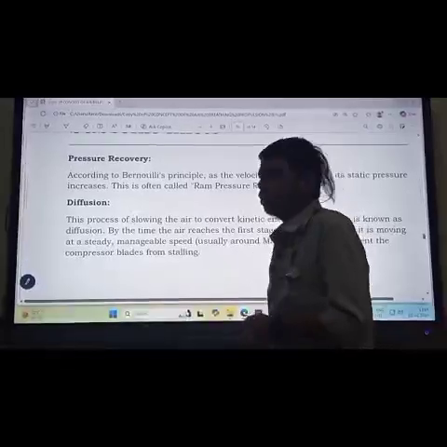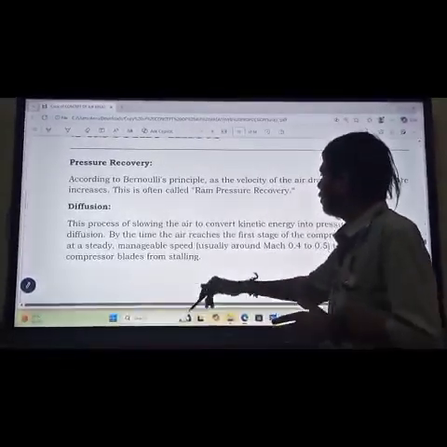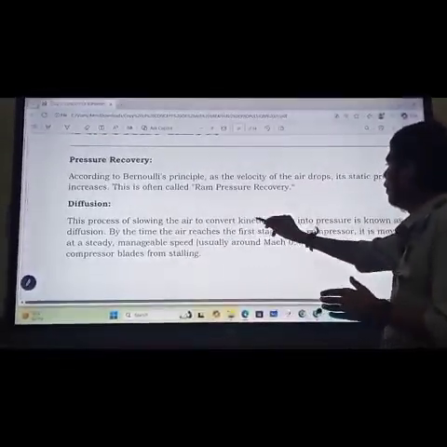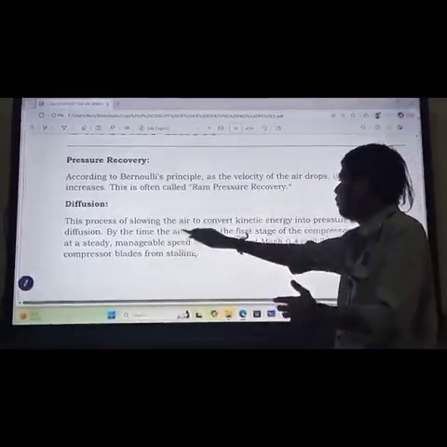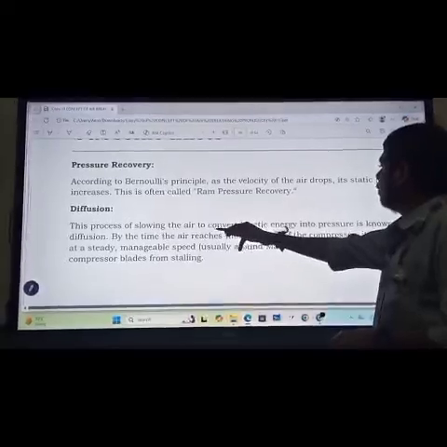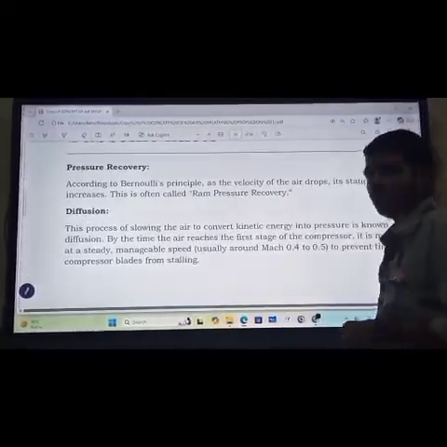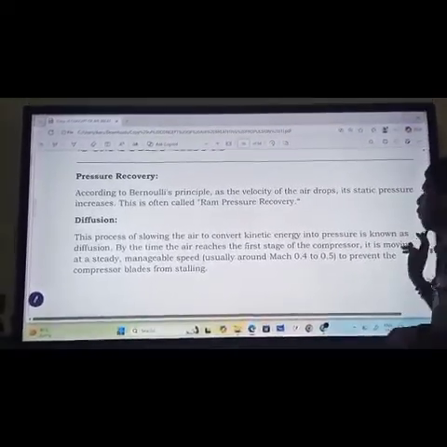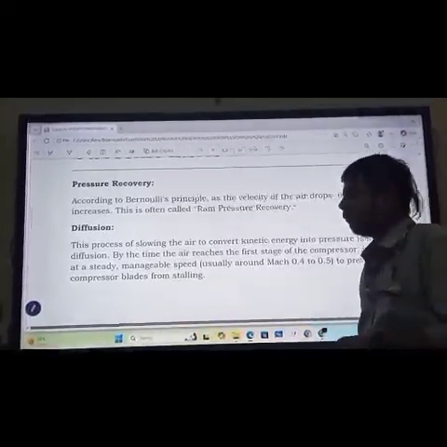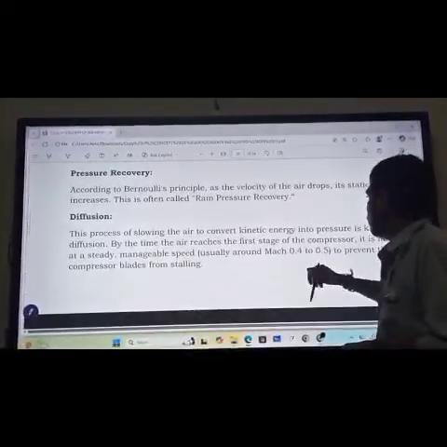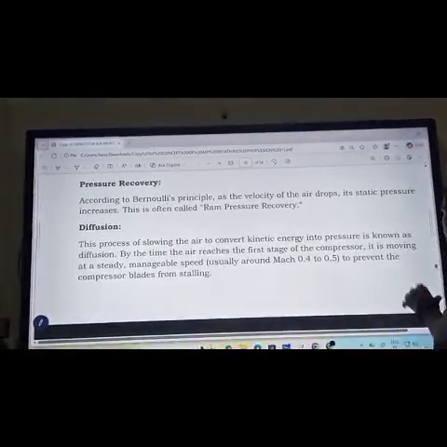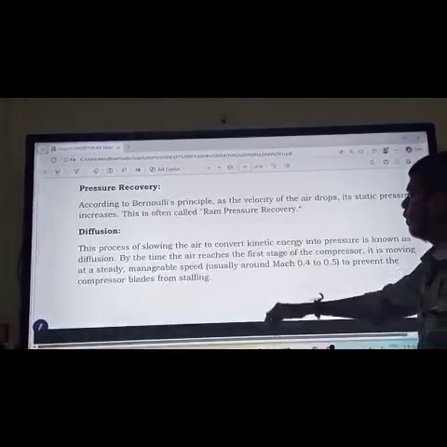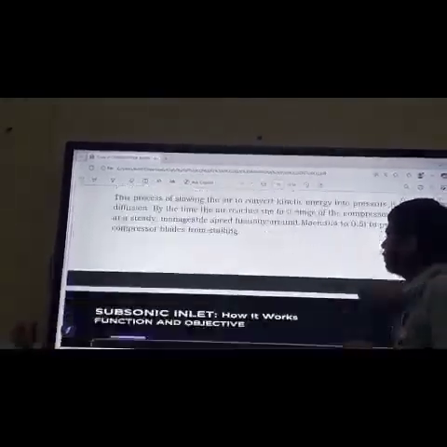By the time the air reaches the first stage of the compressor, it is moving at a steady, manageable speed, usually around Mach 0.4 to 0.5, to prevent the compressor blades from stalling.